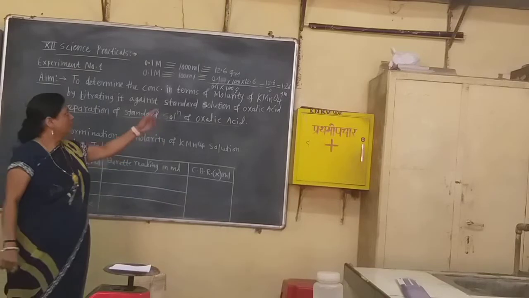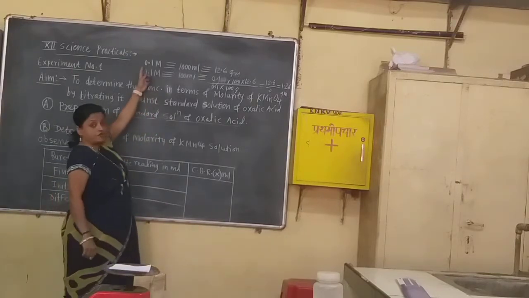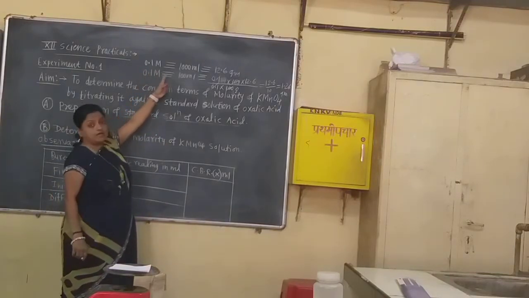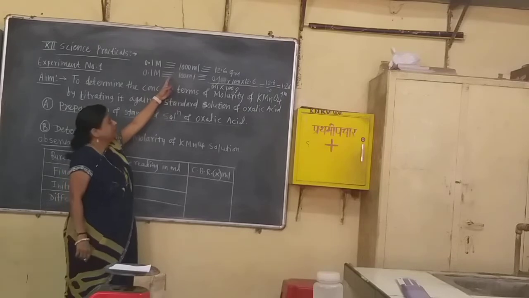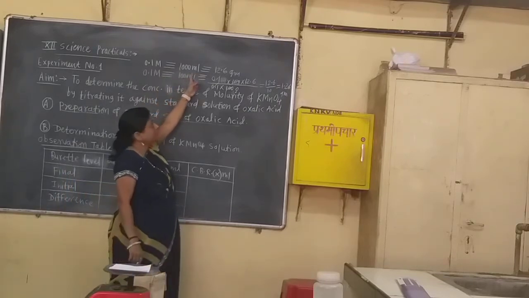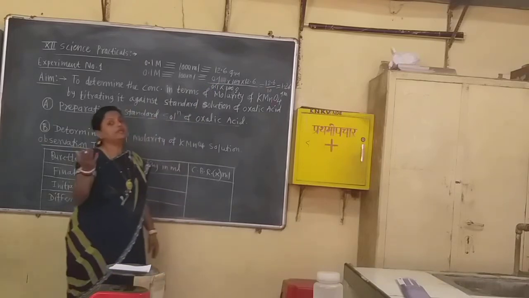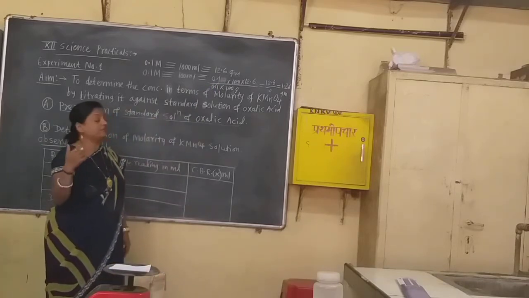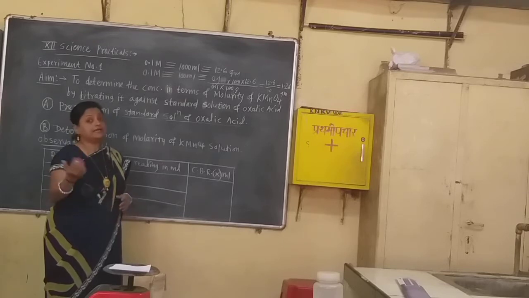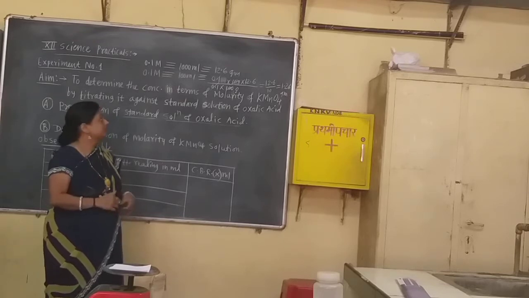Now let us see it on the blackboard. To prepare 0.1 molar solution in 1 liter of water, we require 12.6 grams, because for 1 molar we require 126 grams, the molar mass of oxalic acid.